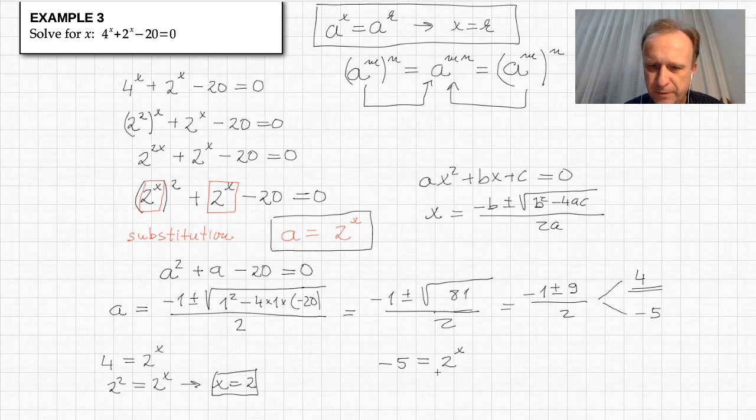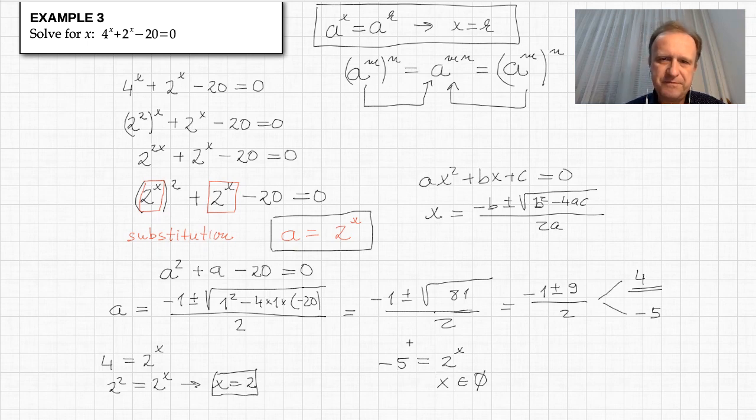And therefore the right hand side has to be always positive, while the left hand side, you can see, is negative. So there is no value of x which would satisfy this equation, and therefore x does not exist. Okay, x is a member of the empty set here. It doesn't exist in this case.